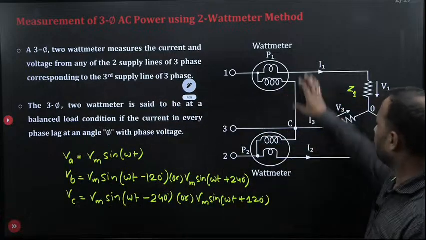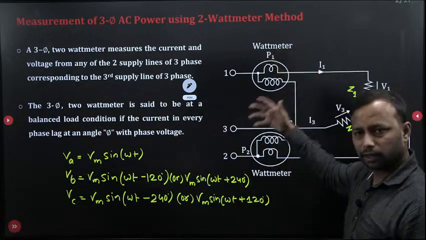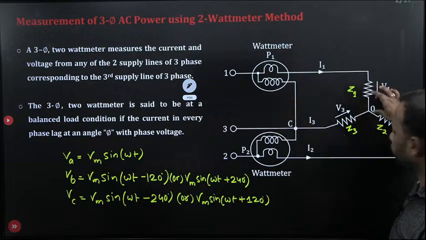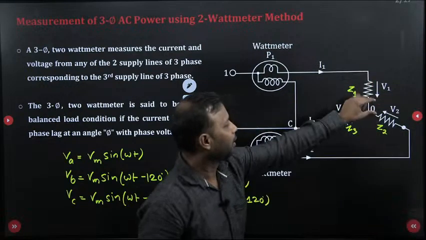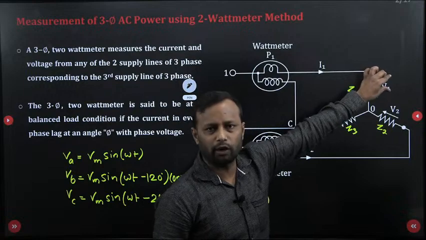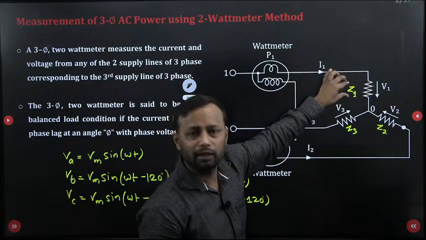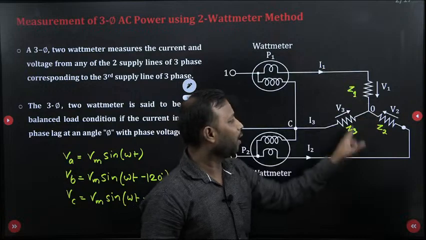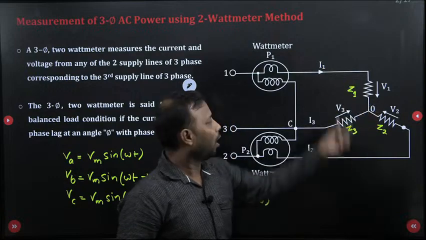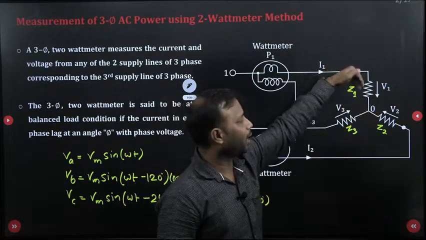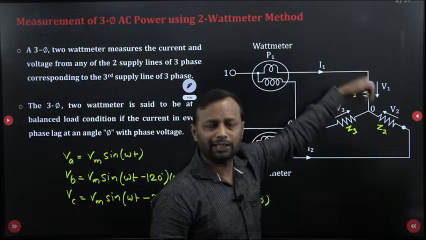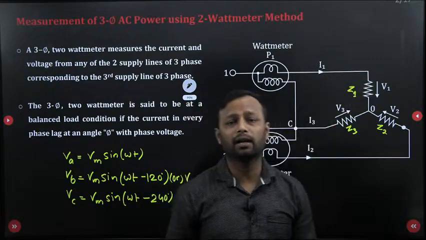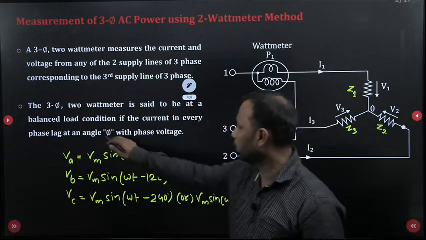By using the 3-phase, for every respective phase, for phase A the voltage V1 is the phase voltage and Z1 is the impedance. So everywhere the impedance is the same. Similarly, for every impedance, whatever current is entering the respective phases is lagging by an angle of phi, which is written over here.